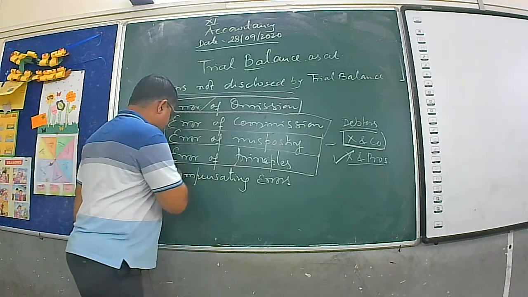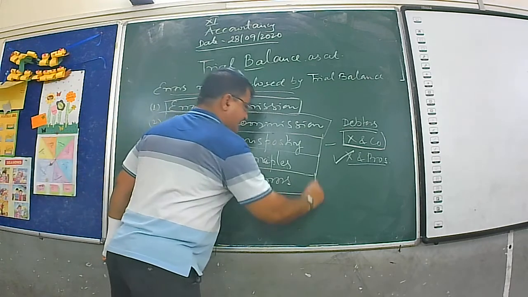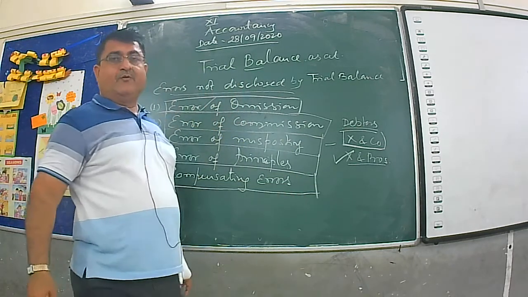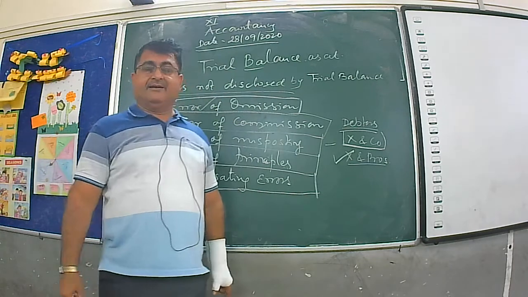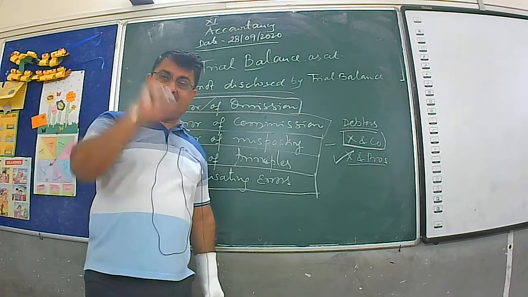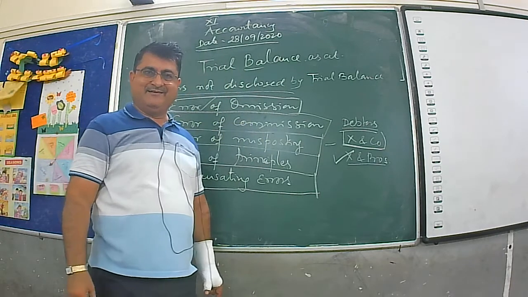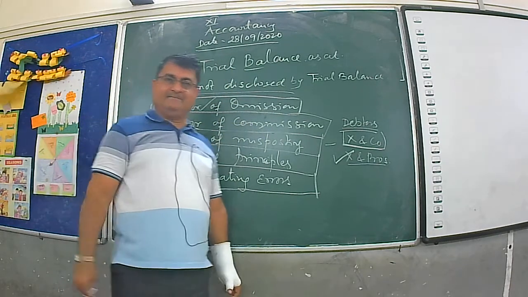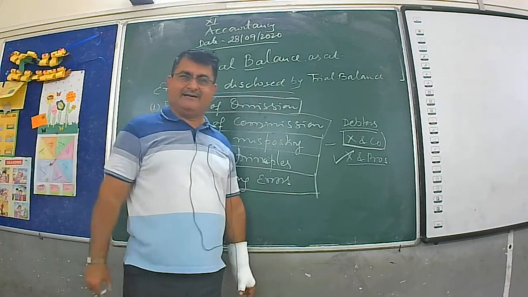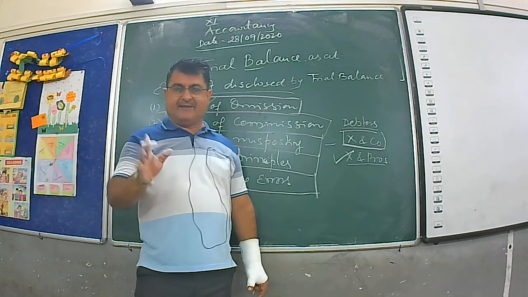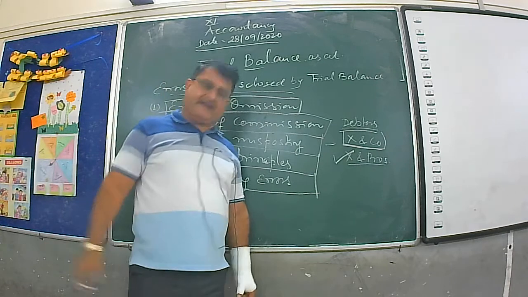And the last one is compensating error. These errors arise when a bookkeeper, in order to compensate a committed error in one account, commits an error in another account. Then, due to this compensating error, the trial balance agreement may not be affected and will tally.